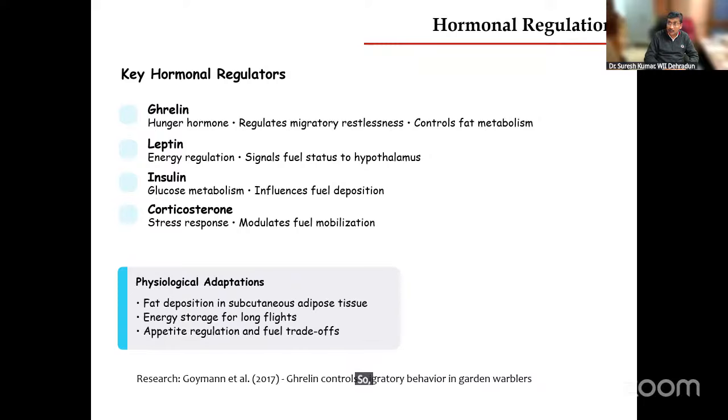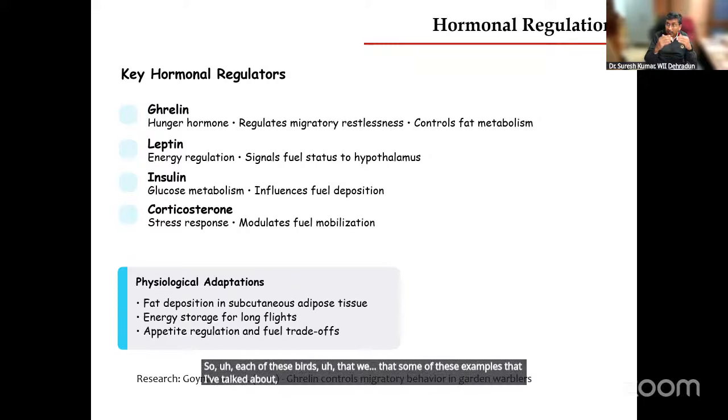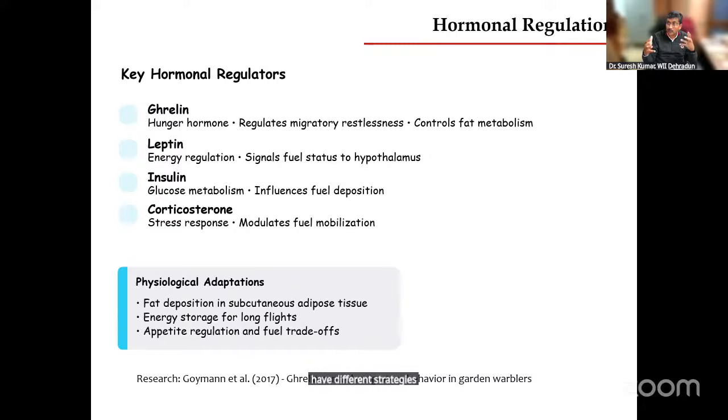So each of these birds, some of these examples that I've talked about, have different strategies. They would put on fat, but there are definitely certain factors limiting it, which is that even if food is available in plenty, you just cannot keep on putting on so much fat that you become so bulky that you're not going to be able to fly.